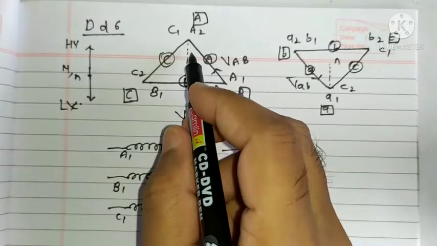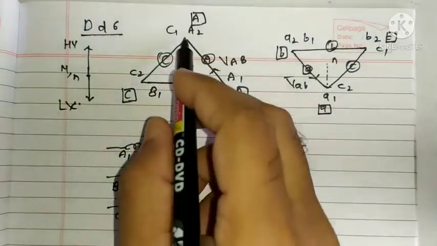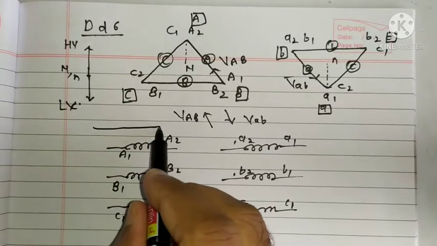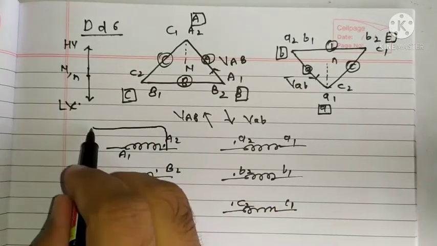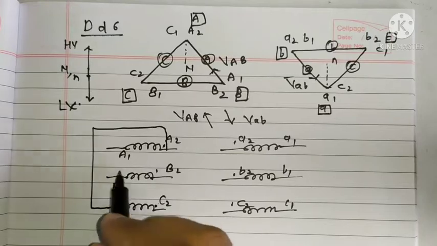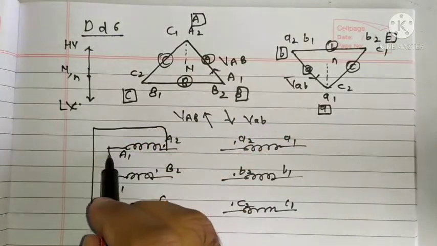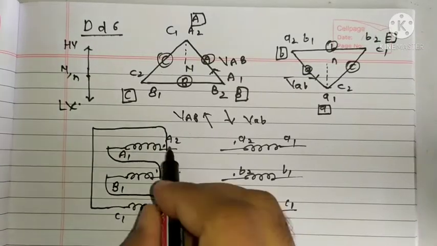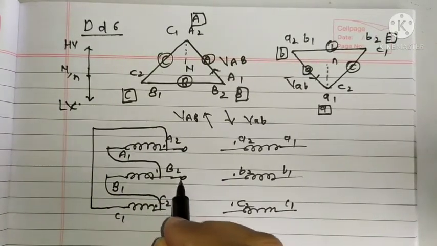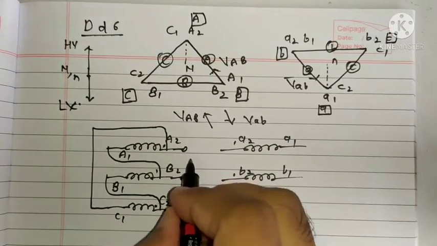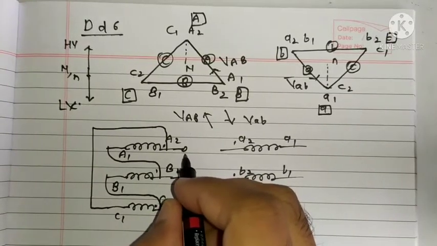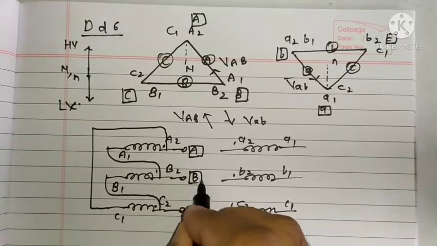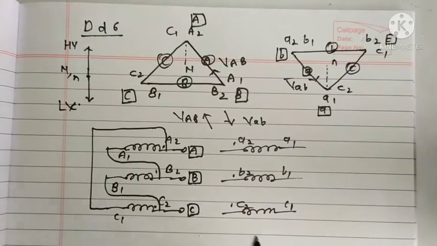A2 C1 is connected, so A2 C1 will be connected like this. It will be A2 and it is connected to C1. Then A1 B2, and B1 C2, and these terminals will be taken as the A terminal, B terminal, and C terminal, right?